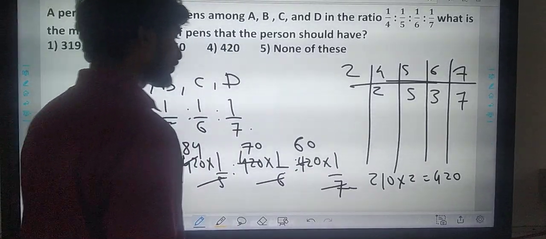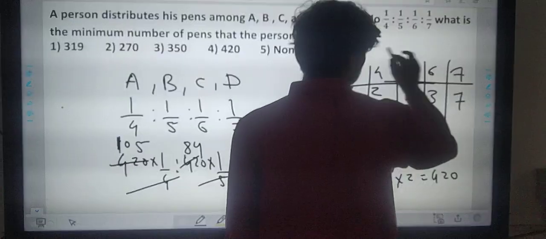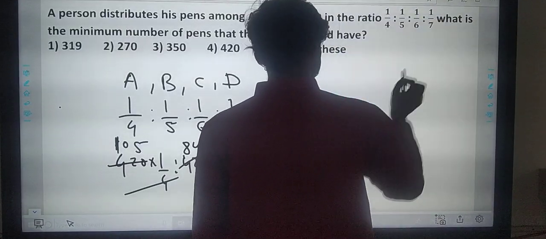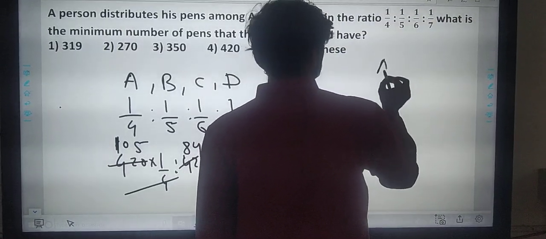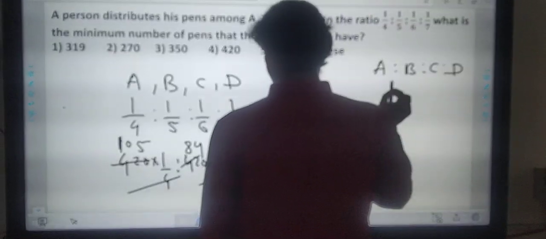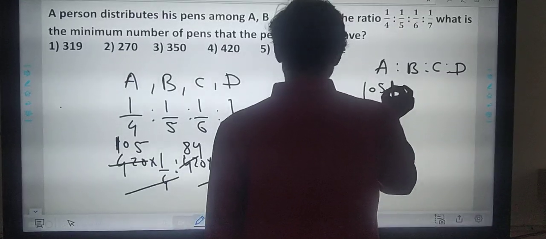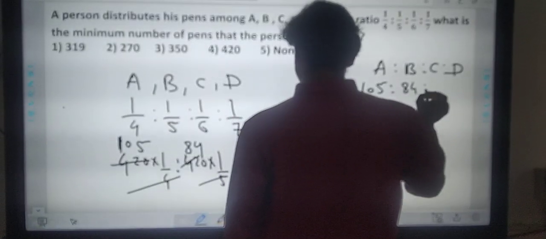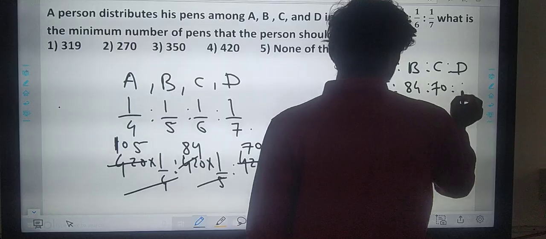Then the ratio of A : B : C : D is 105 : 84 : 70 : 60.